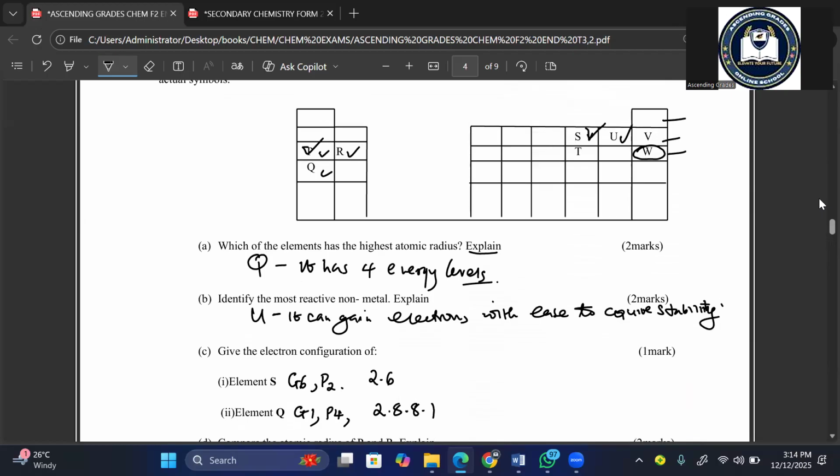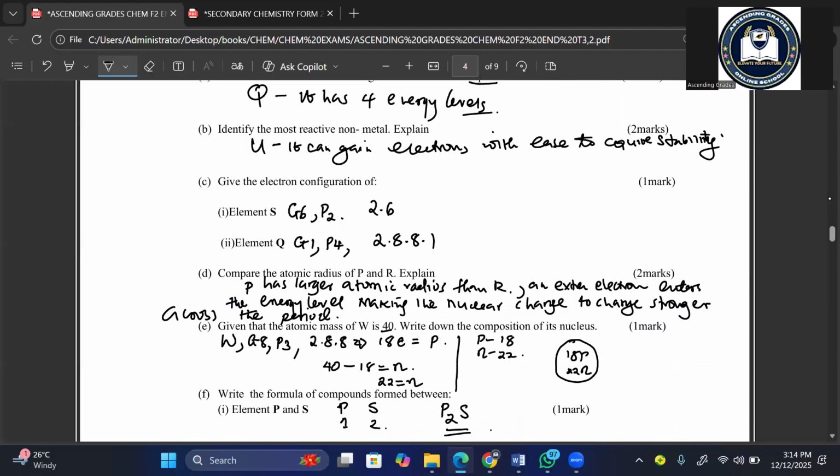In group 1, this one, which is P, is in period 3, meaning that the electron arrangement is 2.8.1. So it is the one that can only lose one electron to acquire 2.8. So we write P.